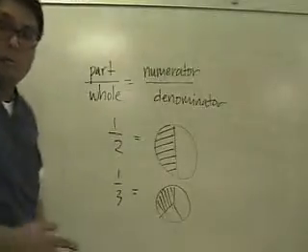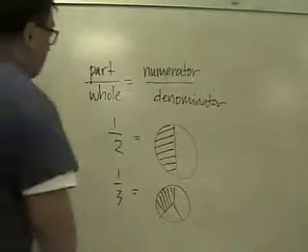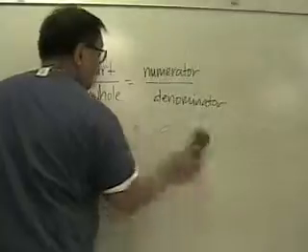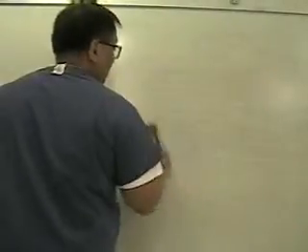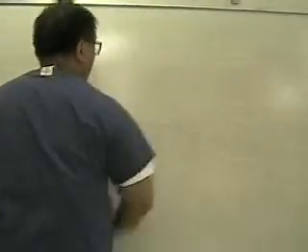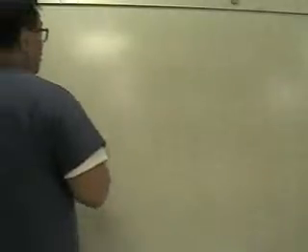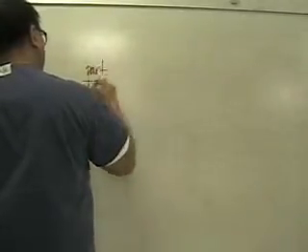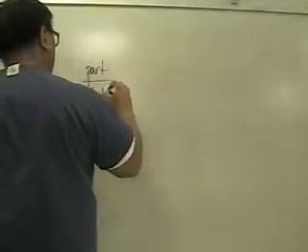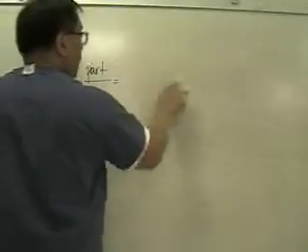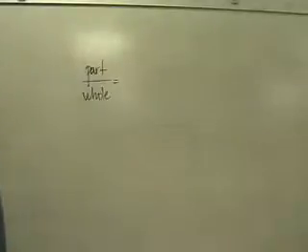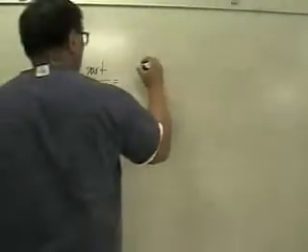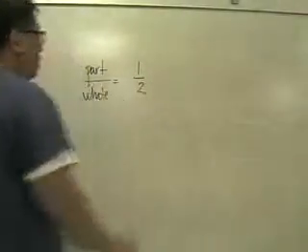Now, knowing that's all that a fraction is, it can be applied to other things. For example, the part over the whole, numerator over denominator, we can convert that to decimals. So 1/2.